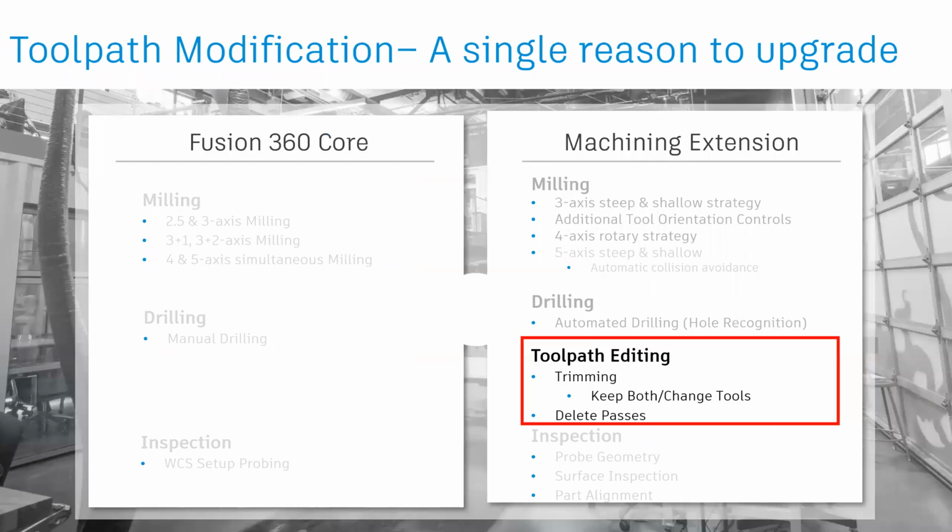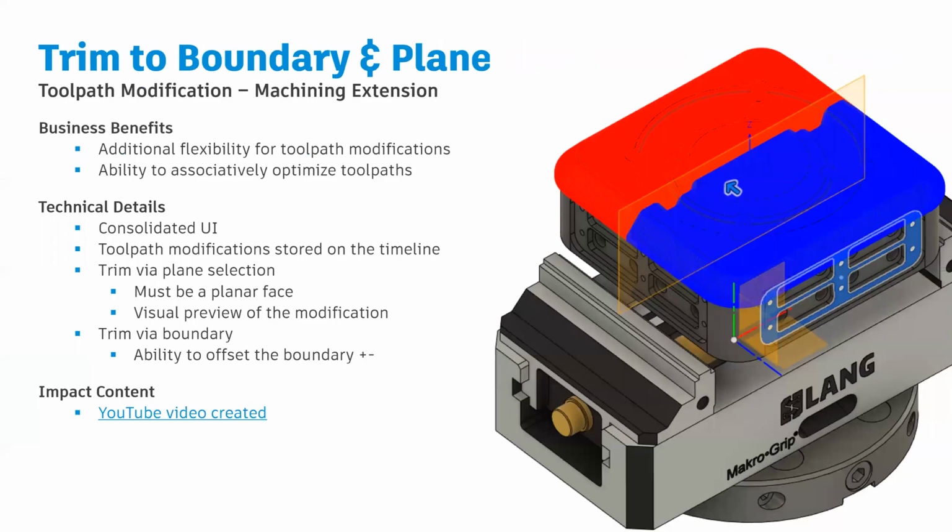Then the toolpath editing. Let us understand what Fusion is capable of doing for toolpath editing. Let us see the advantages when you use toolpath editing or modification of the toolpath. Automatically or flexibly, wherever you want toolpath trimming or deleting, that is going to help you with the flexibility of the toolpath.